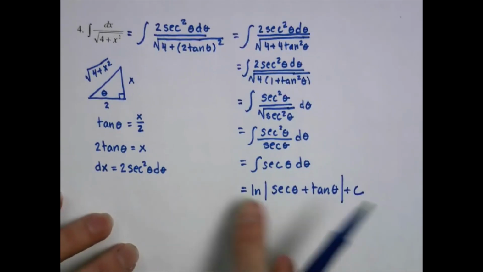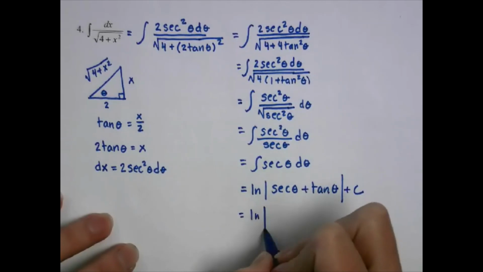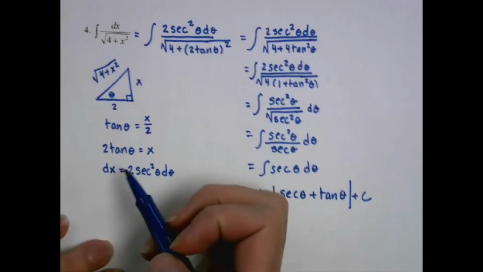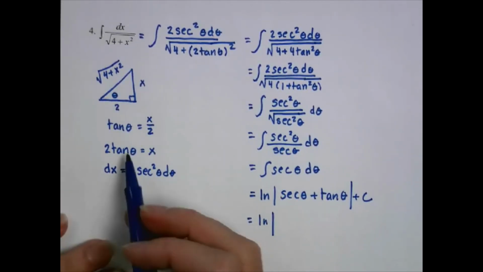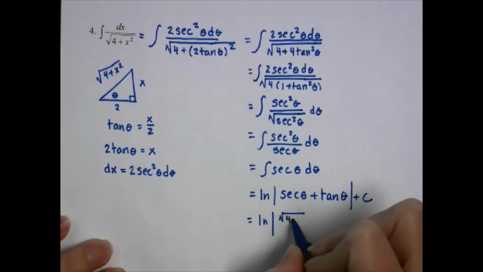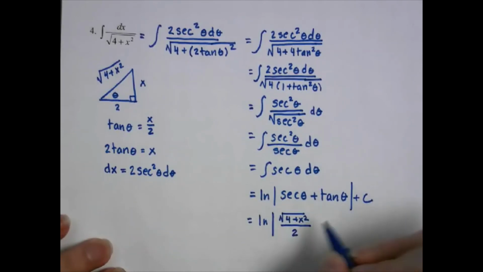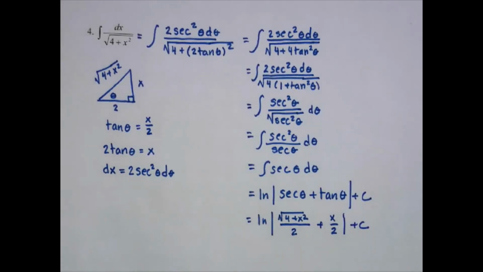So then we go through and make those replacements for secant and tangent. So secant is going to be the hypotenuse over the adjacent. So that's going to be the square root of 4 plus x squared over the adjacent, which is 2. Tangent is still x over 2, plus c.